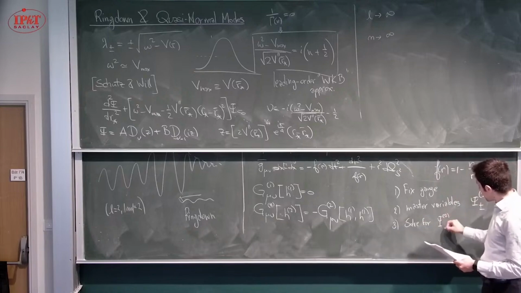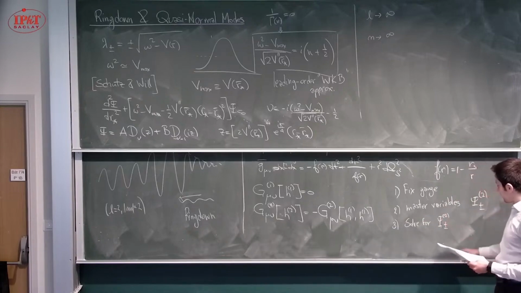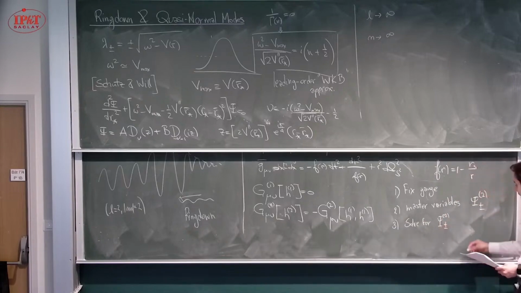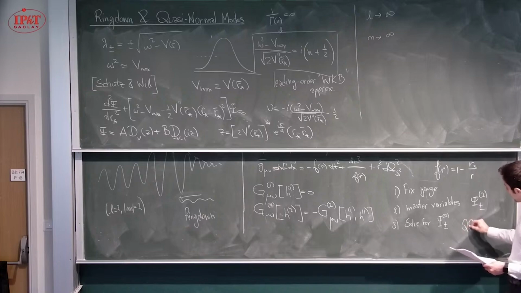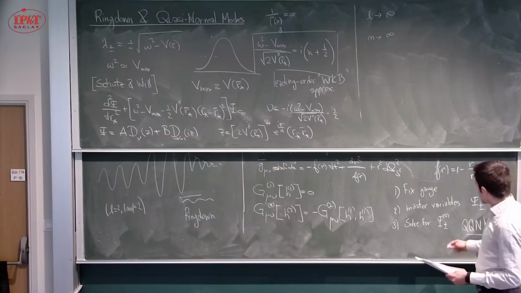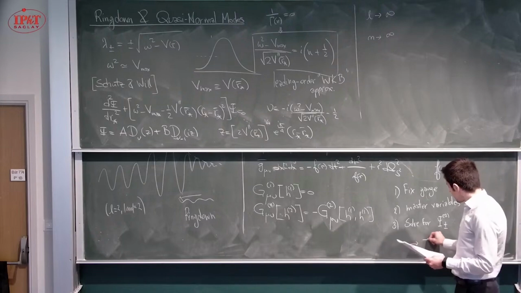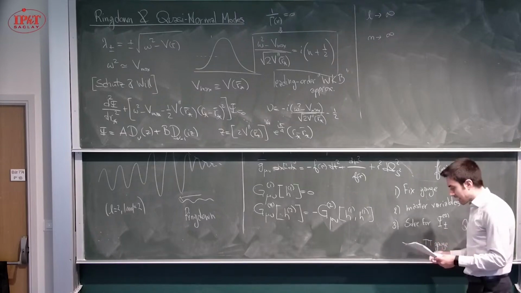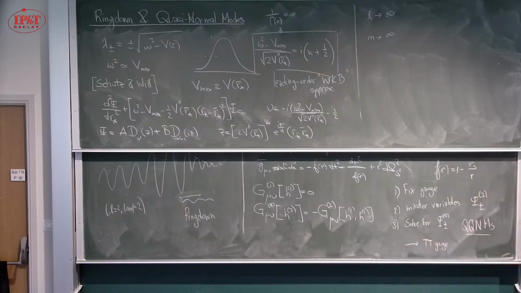So we want to find a solution for psi plus minus 2 and extract what are called the quadratic quasinormal modes. And eventually re-express these in terms of, for instance, TT gauge fields, which are the ones that are linked to the observables. Okay. This is more or less the logic.